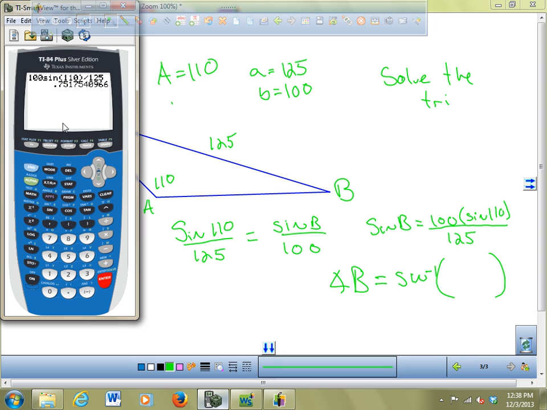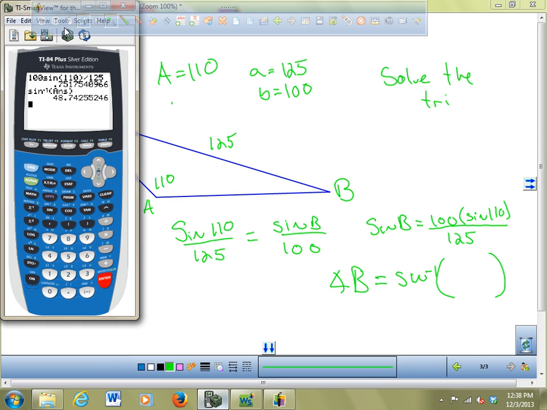All you have to do is go second sin of second answer down here, see where that is above the negative sign? Then you close the parentheses and hit enter, and you get that angle is exactly like Catherine said it was, which is 48.74 degrees.